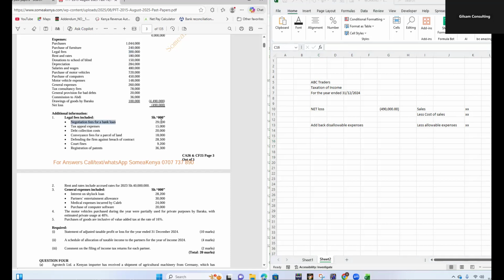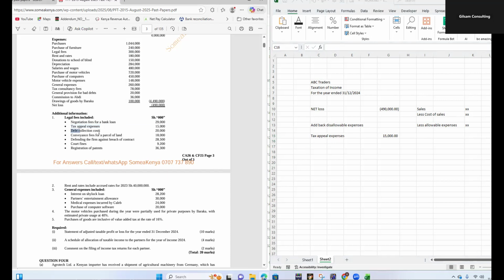You are taking a loan to finance the business, so this is an allowable expense. Tax appeal expense is disallowed. Any tax, whether it is VAT or any other tax, is not an expense incurred to generate business income. So we disallow that, and we add back 15,000.